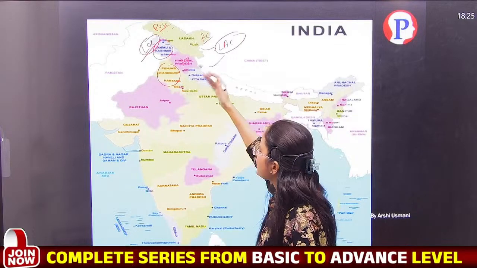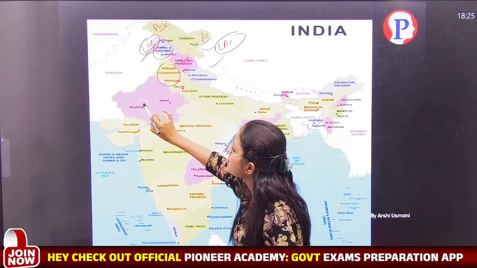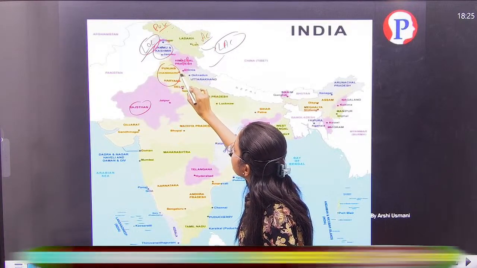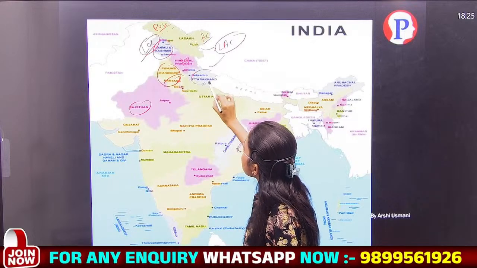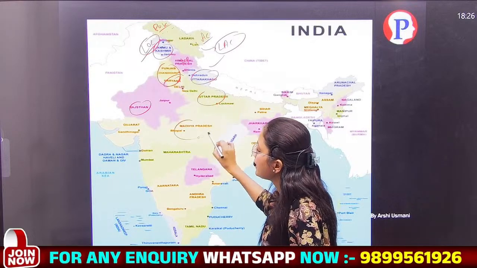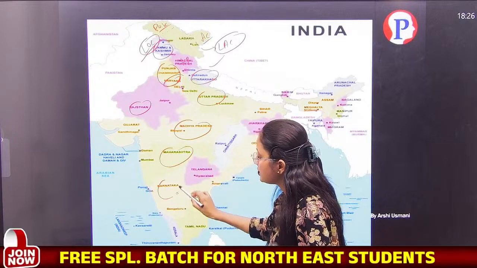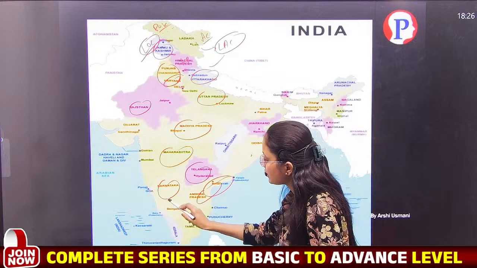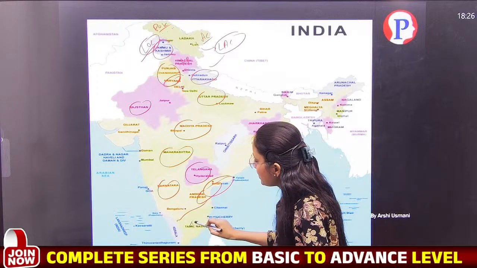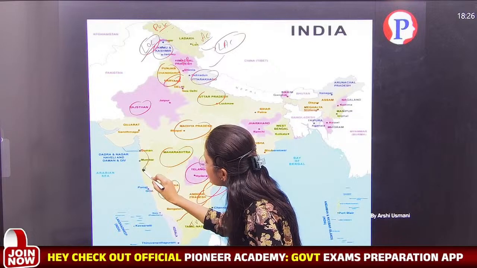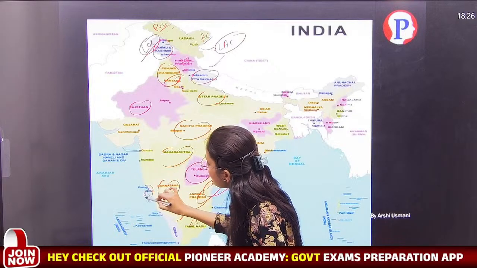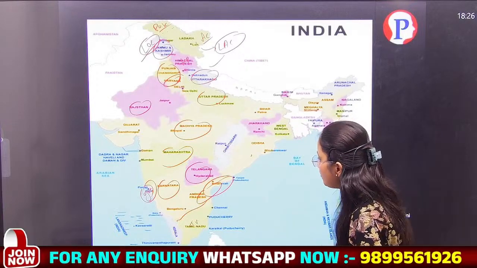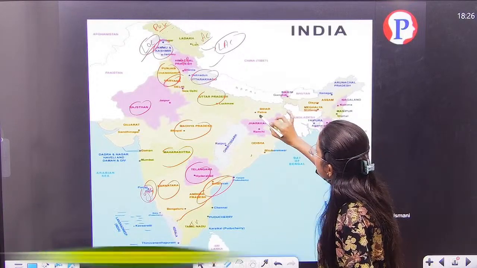Now this is Rajasthan, Haryana, Uttarakhand, UP, MP, Maharashtra, Karnataka, Telangana, Andhra Pradesh, Tamil Nadu, and Goa, which is the smallest state of India.